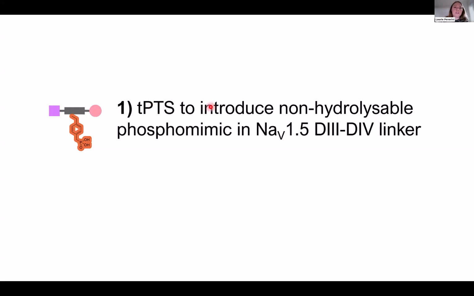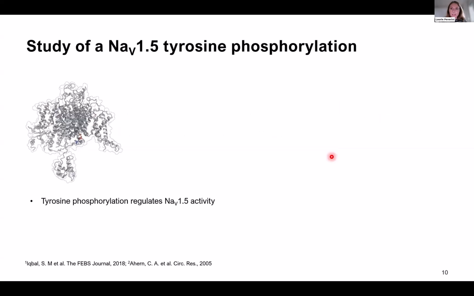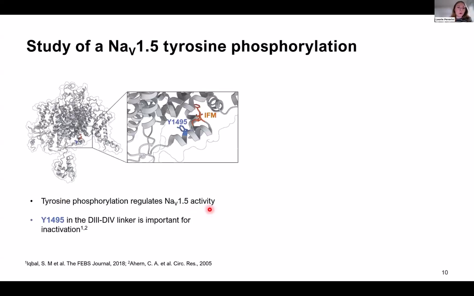In this project, we introduced a non-hydrolyzable phosphomimic into the NaV1.5 D3-D4 linker. The idea was to study tyrosine phosphorylation because it has been proven that it regulates NaV1.5 activity, and more precisely to study the Y1495 tyrosine phosphorylation site in the D3-D4 linker, because it was seen in vitro that it was important for inactivation.